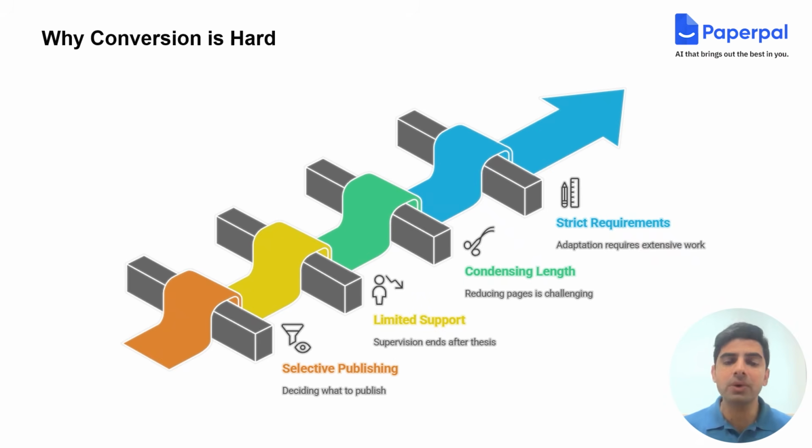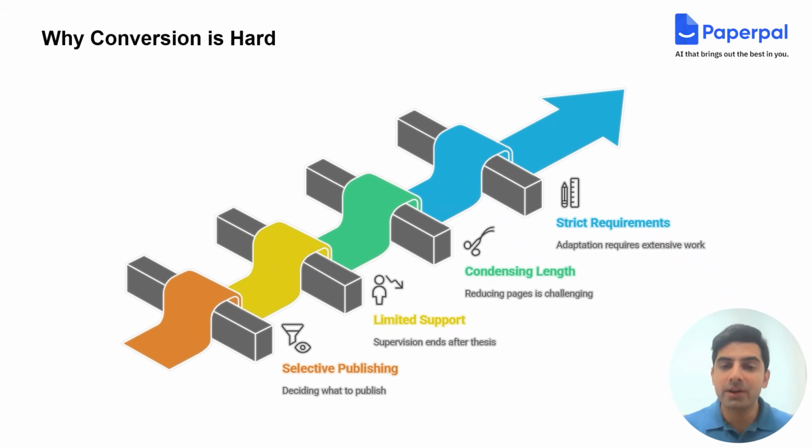The fourth point is the strict requirements. For a thesis, the requirements are not so strict. You only have to follow the university's basic rules and policies, like there shouldn't be plagiarism and so forth. But when you're submitting to a journal, a lot of requirements come in. There are word limits, there are page limits, there are certain ways in which you have to write the abstract, and in a certain way you have to write the methodology.